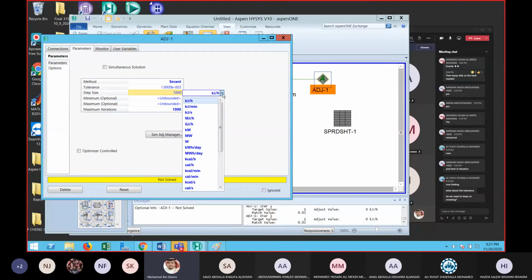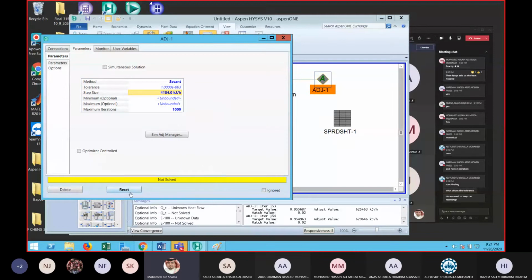Let's make it, I don't know, calories per hour. Because he is not using a while, he is using a for.